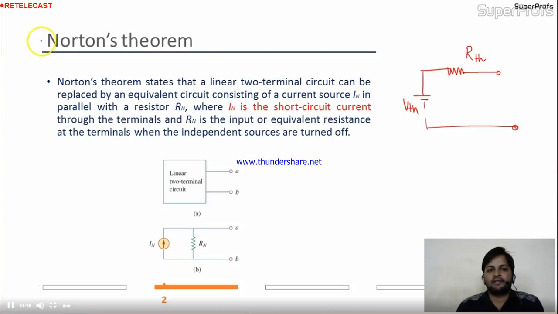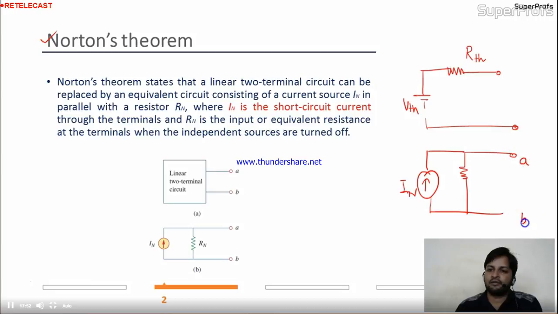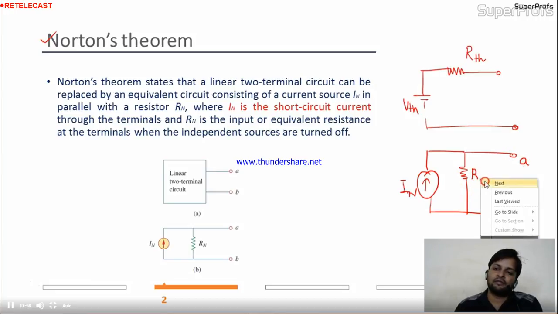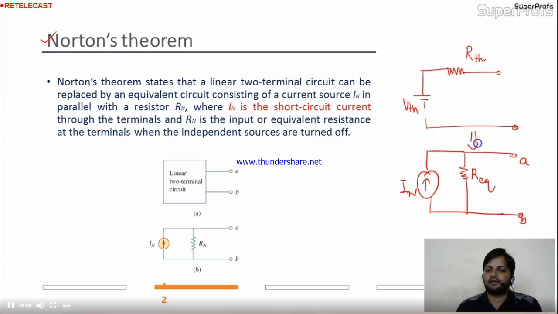Is it okay? In the Norton theorem, the output stage contains a current source instead of a voltage source, and with the current source we know the resistance is connected in parallel. This is the load terminal and this is R equivalent. This is the Norton theorem.